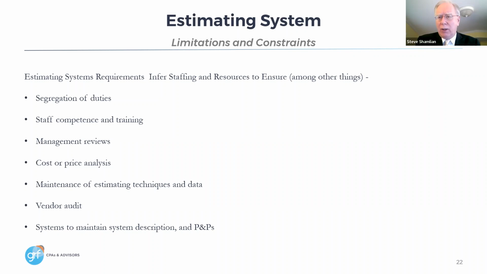You certainly can't do it all. But at some point you're going to want to start doing these things because they are good internal controls. They ensure consistent results, and they provide reasonable assurance of compliance with regulatory requirements. Next, please.